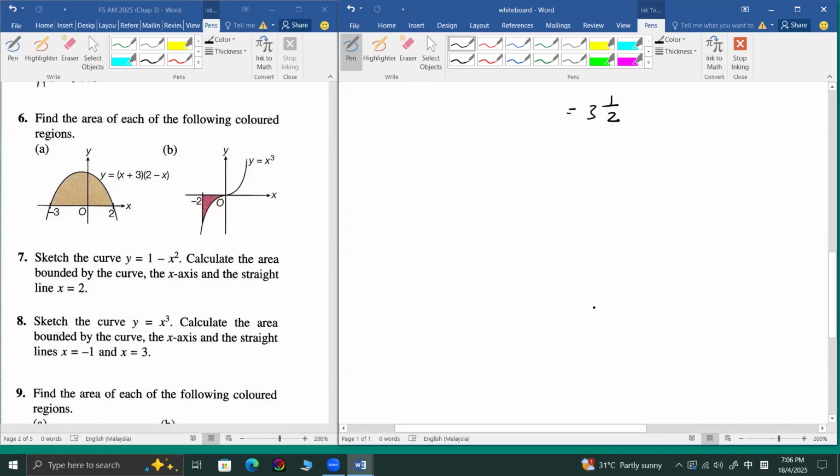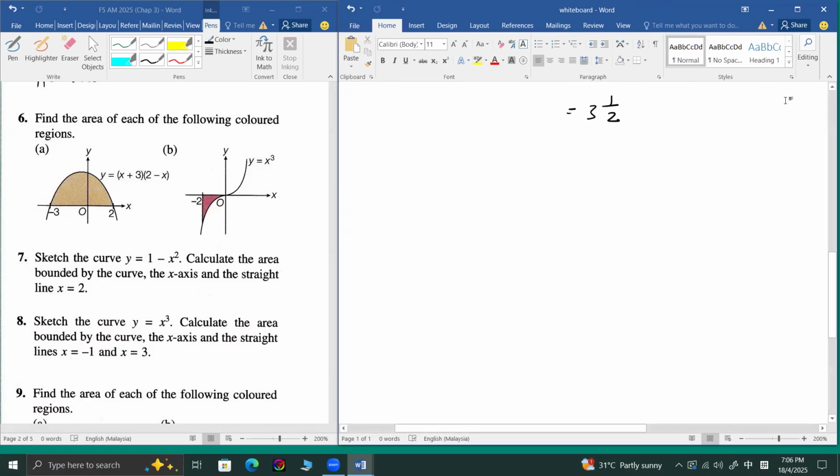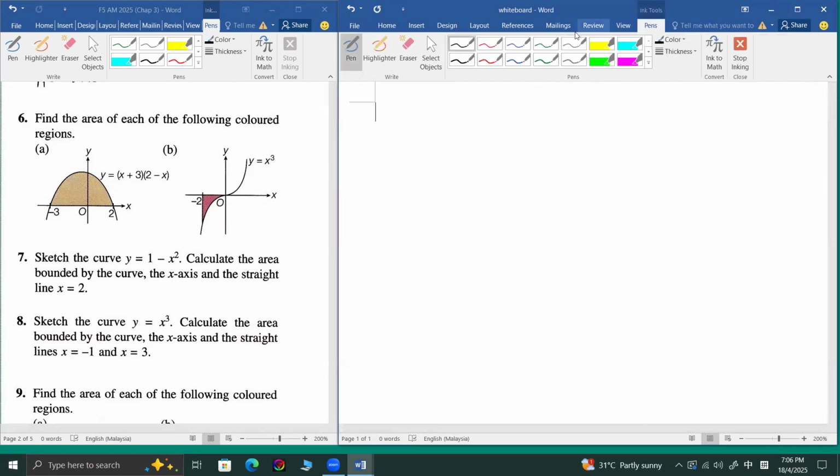So the formula is, wait, I delete all this first and I write down the formula to show you. So we learned this also is not to find the equation, yeah, class? Not to find the equation.